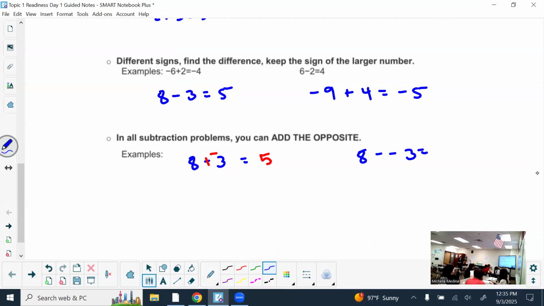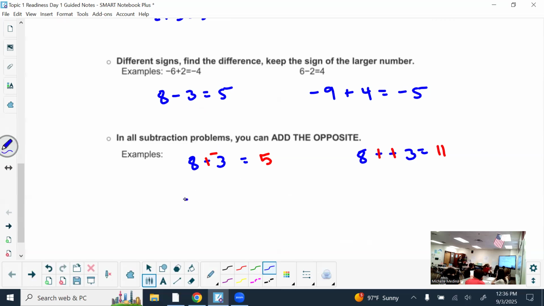So in all subtraction problems, no matter what they are, you can always add the opposite. So change the subtraction to addition. Change this to a positive because it was negative. What's 8 plus +3? That's easier to do than 8 minus -3, right?